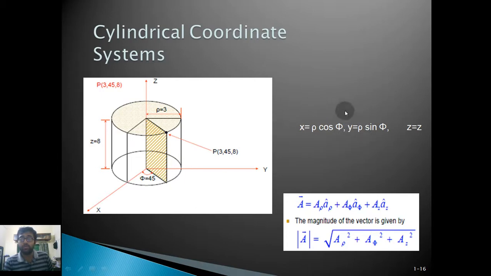That's why this mathematical assumption has been proven. So that's how we can transform from one coordinate system to another coordinate system. So let's go to the next slide.